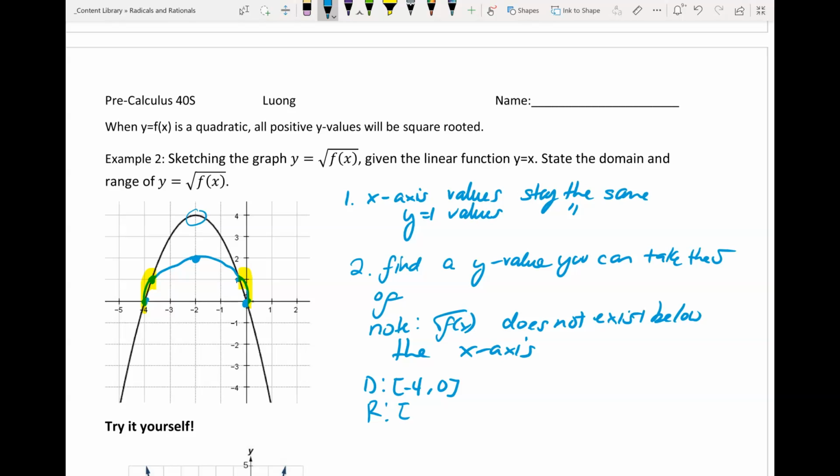Then your lowest value for your range is going to be 0. That's our smallest y value. The largest y value is going to be 2. So go ahead and do the chart yourself, and then we can go through the solution together.